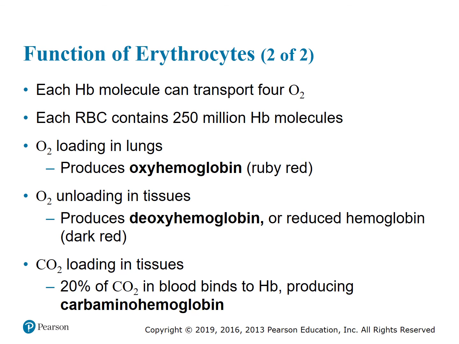Then oxygen unloading in the tissues produces deoxyhemoglobin, or reduced hemoglobin, and the blood is dark red. CO2 loading in the tissues: 20% of carbon dioxide in blood binds to hemoglobin, producing carbaminohemoglobin.